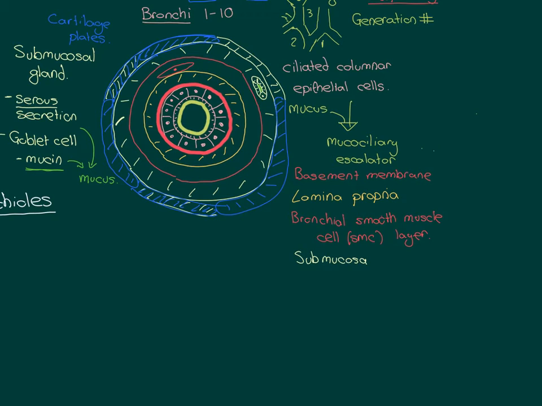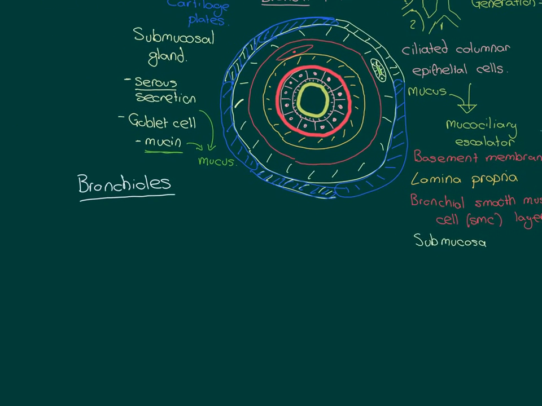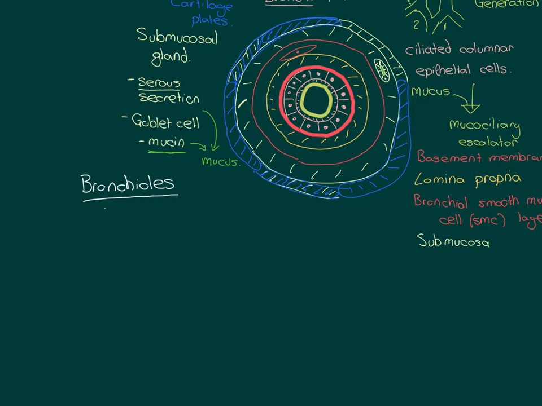Imagine this picture, but take away this submucosal layer, take away that submucosal gland, and take away the cartilage layer. So end this picture with this red line here, and there we have a bronchiole. Now generally, airways of generation number between 11 and 16 are bronchioles. They have this wall structure and therefore are called bronchioles.